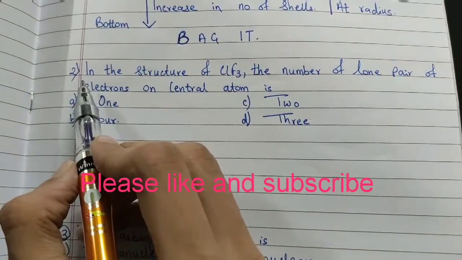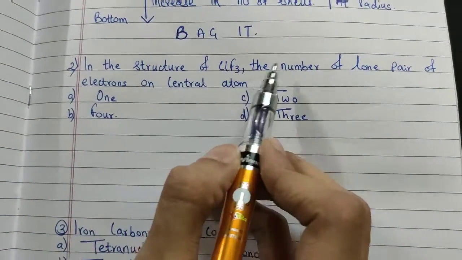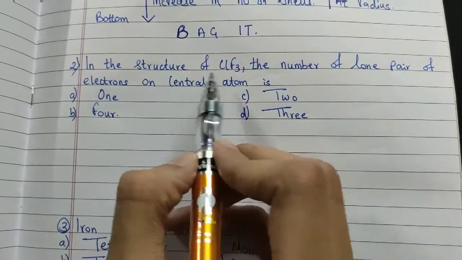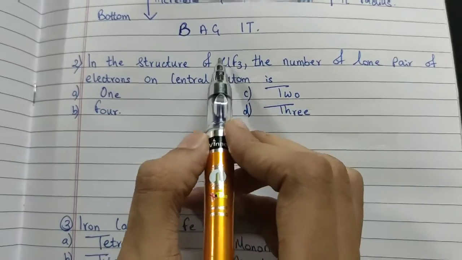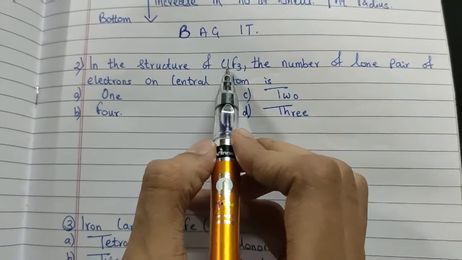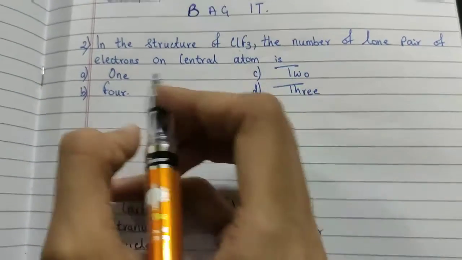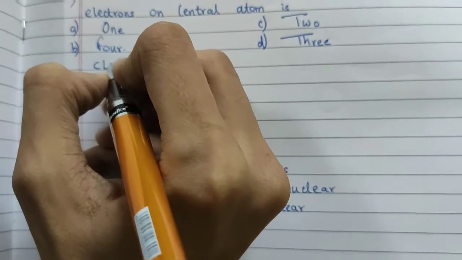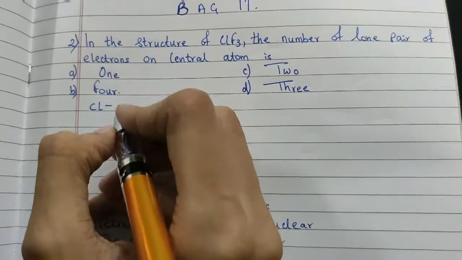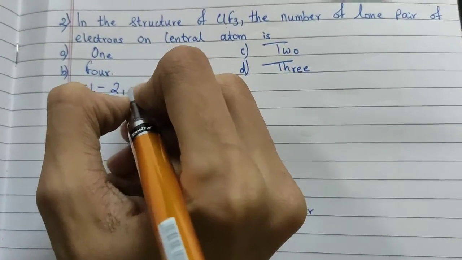Now let us come to the second question. It says in the structure of ClF3, the number of lone pairs of electrons on the central atom is. So you need to find the number of lone pairs on this ClF3 molecule. First, let me take the central atom, which is chlorine in this case, and you need to know its electronic configuration.